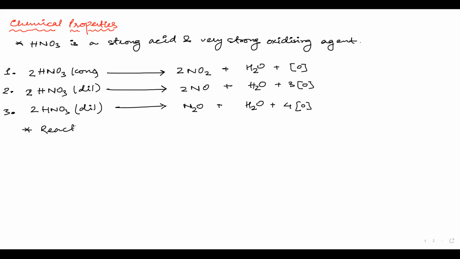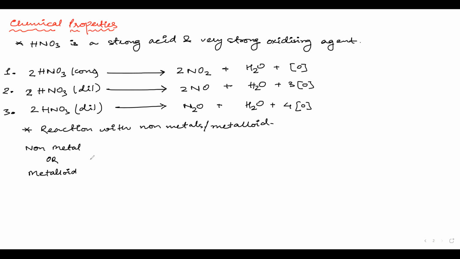Okay, so reaction with non-metals. When you react it with non-metal or metalloid, reaction with non-metals or metalloid, so you have non-metal or metalloid, and you add HNO3, which is concentrated HNO3.